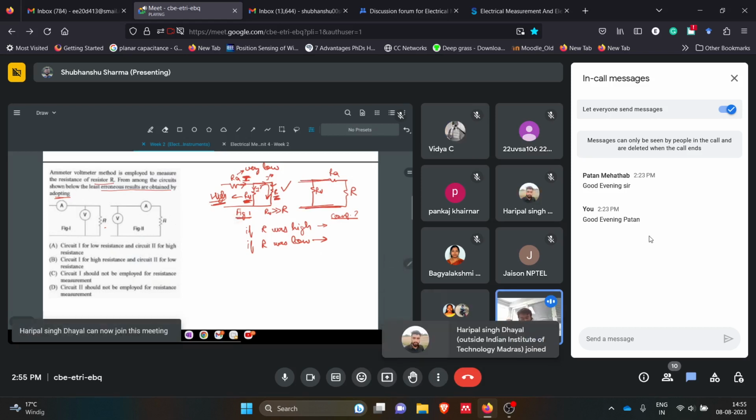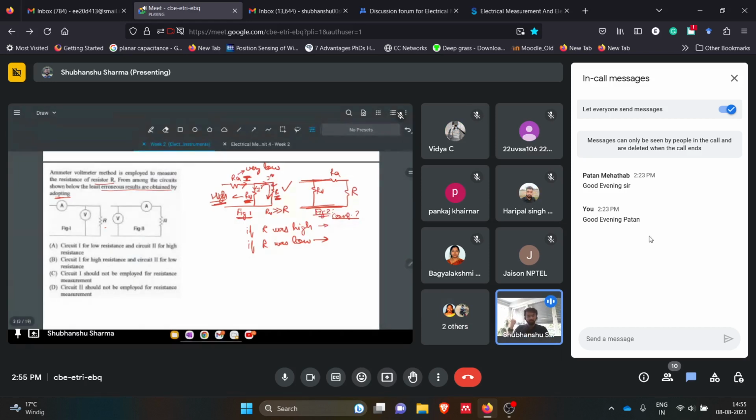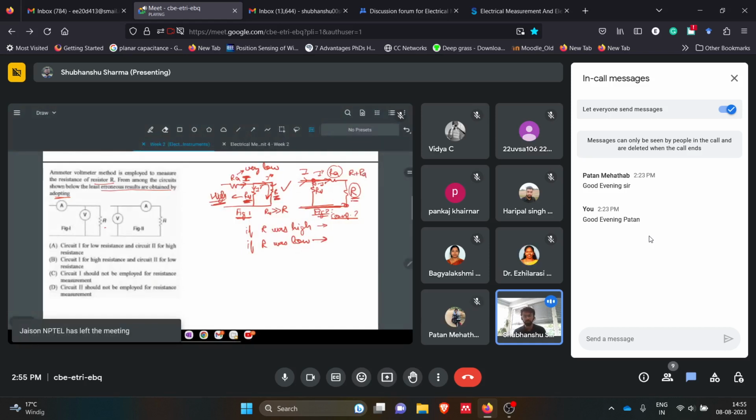If we see the second configuration, let's say we have this current I, which got diverted into I prime and I double prime. Now this voltmeter is measuring the voltage across this branch, which consists of RA and R. So let's say R was very high in value. The whole branch resistance is R plus RA.